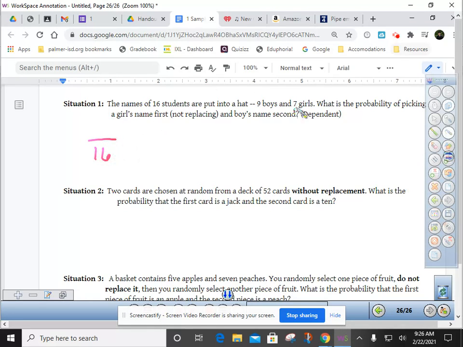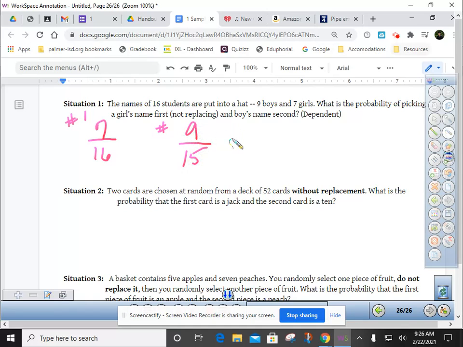How many of them are girls? 7. Is that lowest form? Yes, please don't write. Please just watch. This is event number 1. Event number 2, they did not put the name back in the hat. Now how many names are in the hat? 15. And how many are boys?